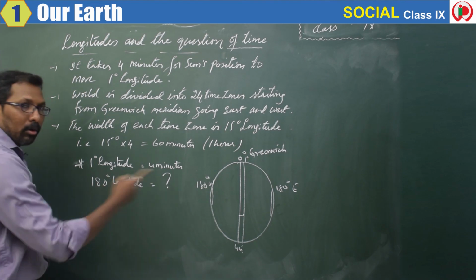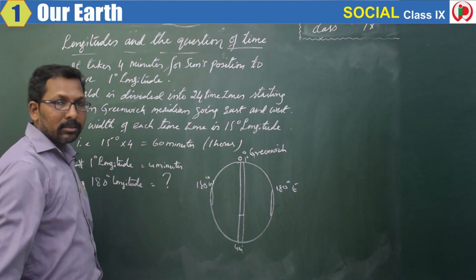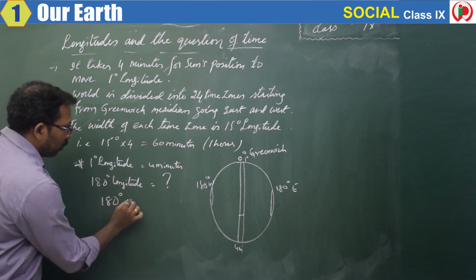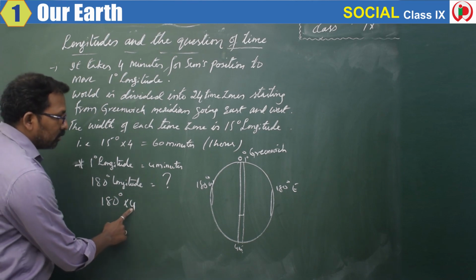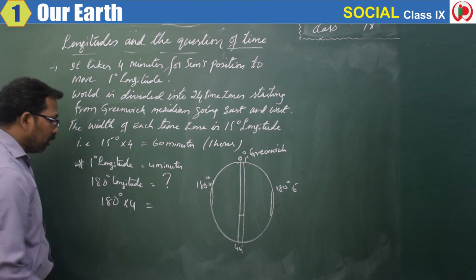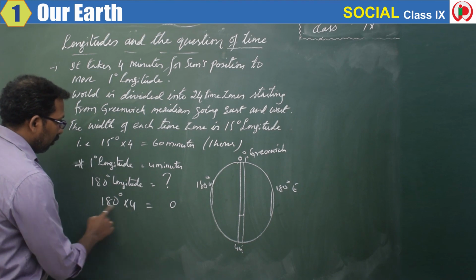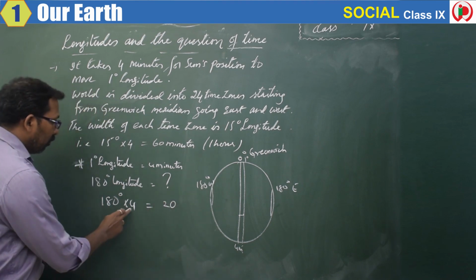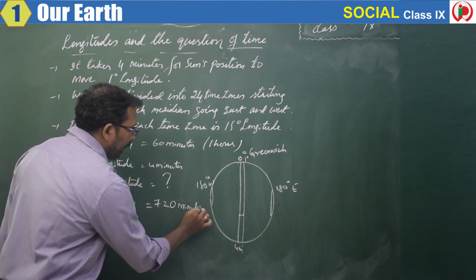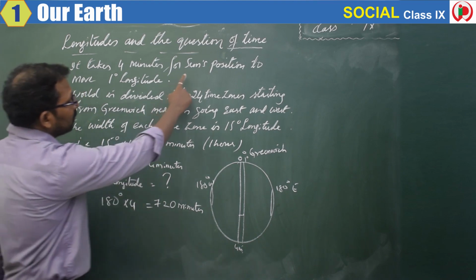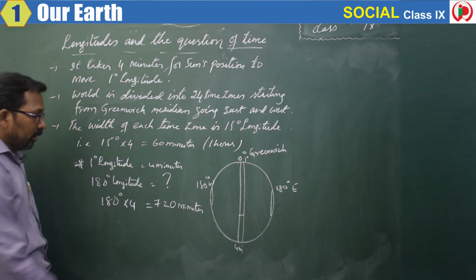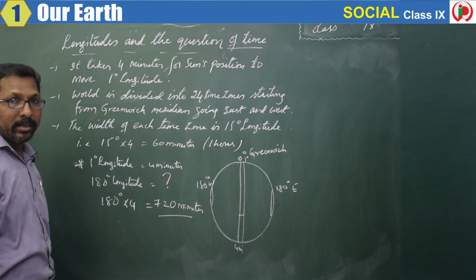So what we have to do? We all know that 1 degree of longitude is equal to 4 minutes, but for 180 degrees we do not know. So we multiply 180 degrees into 4 minutes. 4 0s are 0, 4 8s are 32, 4 1s are 4, so 720 minutes.